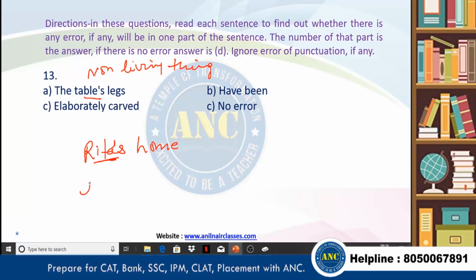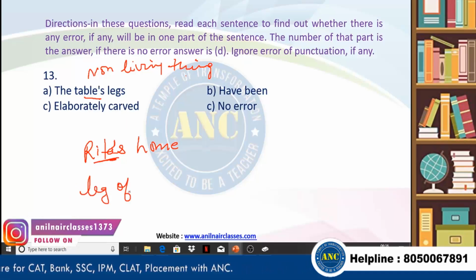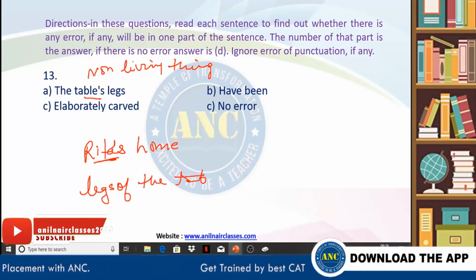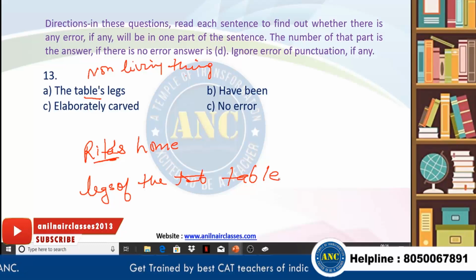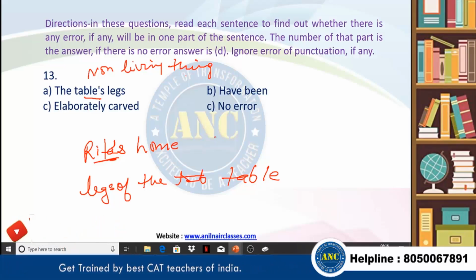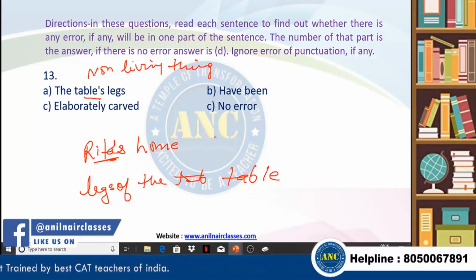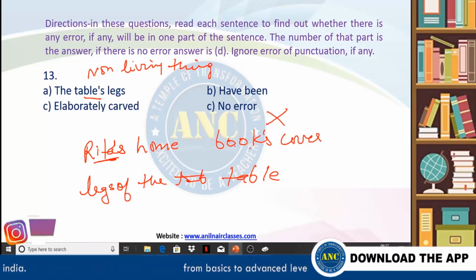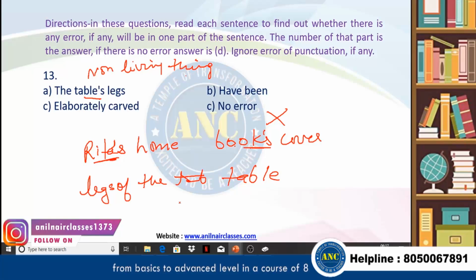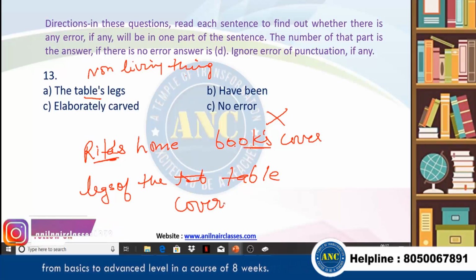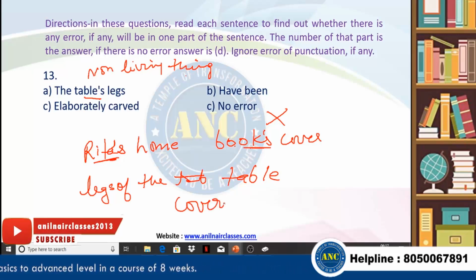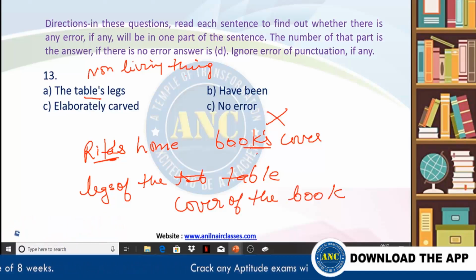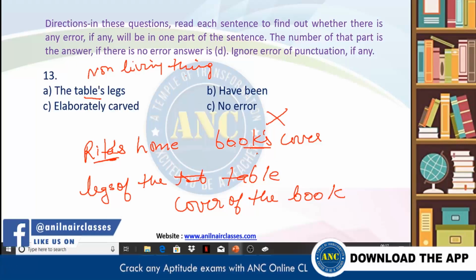The correct expression will be legs of the table. Or if they say book's cover, this is wrong. A book is inanimate, non-living. So the correct expression will be cover of the book. Clear? So with non-living things, no apostrophe plus s.